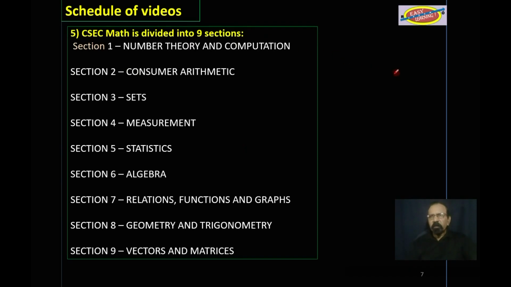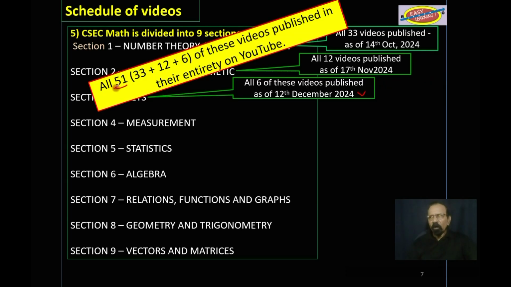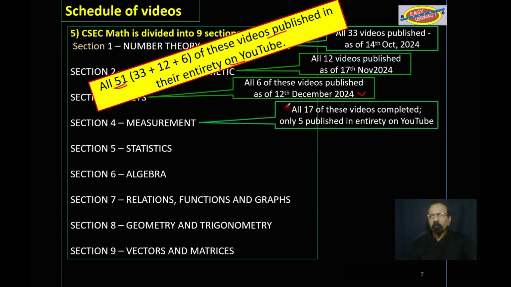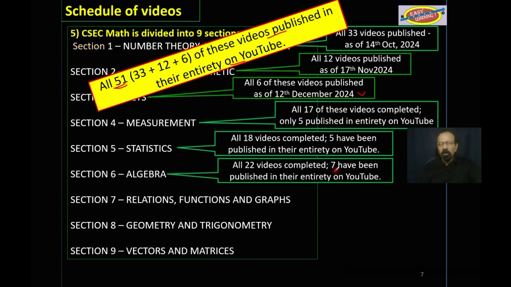Schedule of videos. Those 3 have already been published since 2024 in their entirety, all 51. Please make good use of them. The others, some published in their entirety and others partially.